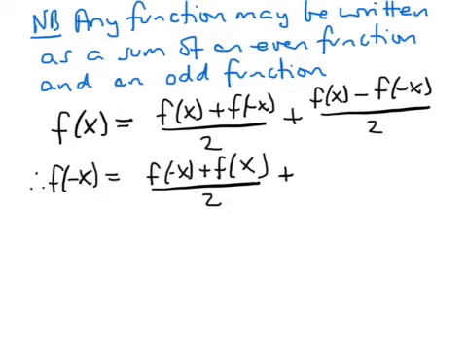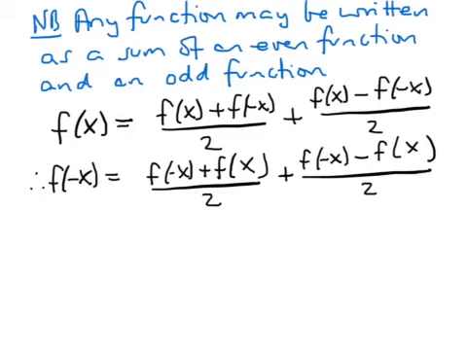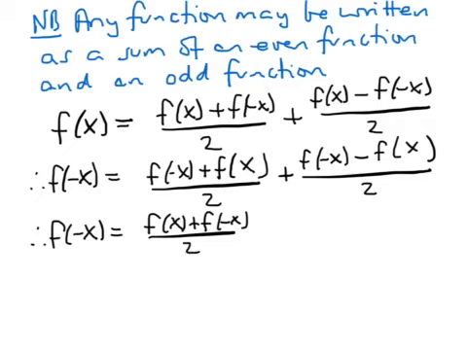Similarly, for the next term, we have f of minus x minus f of, and now again replacing x here by minus x, we have minus minus, gives us a plus. So this is f of x all over 2. So therefore f of minus x is f of x plus f of minus x over 2.